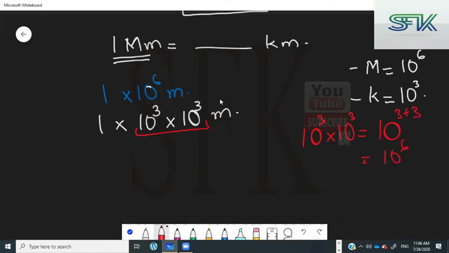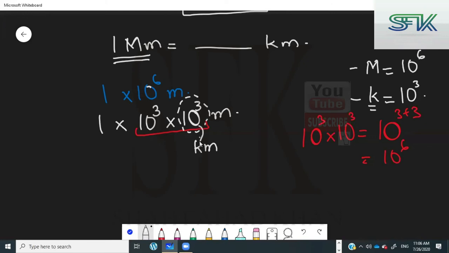So this is what I've done over here. I've just split the 10 raised to the power of 6 into 10 cubed and 10 cubed, because I want to convert it into kilometers. Now you know that this 10 raised to the power of 3 is the same thing as kilo. So instead of writing 10 raised to the power of 3, you can write a k.